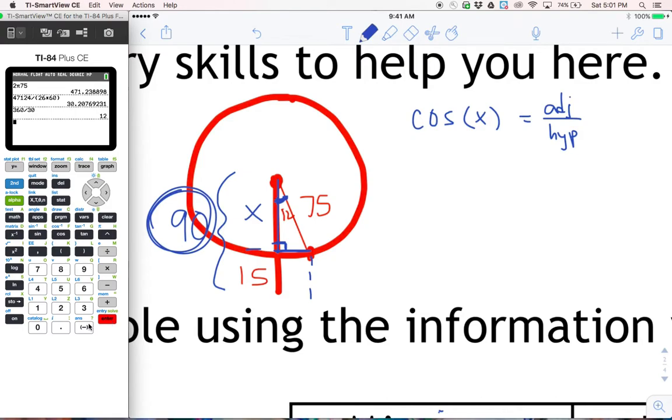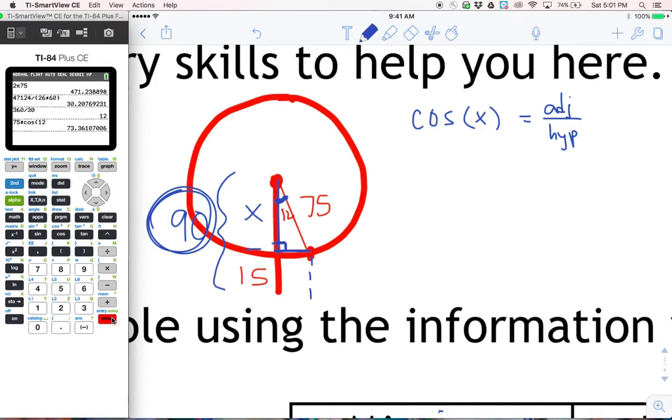Well, that's just a quick calculation in my calculator. 75 times cosine of 12, and we get 73.4. So 73.4 is x. Let's see if I can draw this. I'll use a different color. How about black?